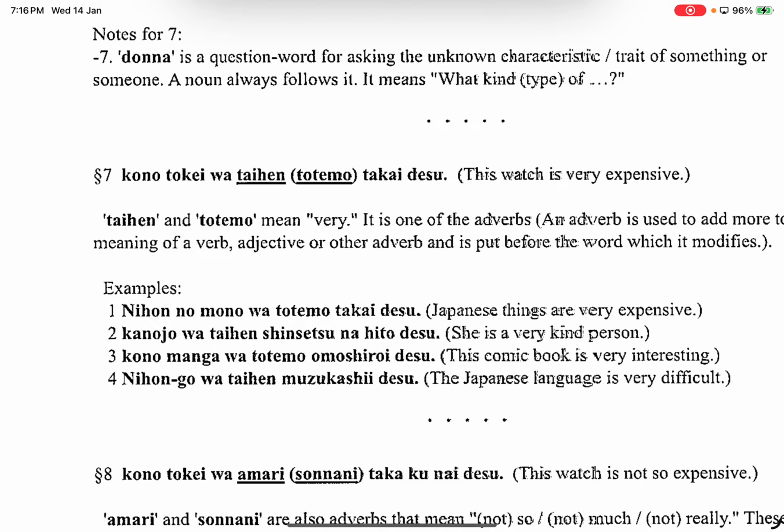For example, expensive, the opposite is cheap. If you can't remember the word cheap, then とても高くないです. It's not properly accepted in literature. You don't write it like that. But if you have no choice, you say it like that, then okay. There will be water under the bridge. People will forget about it.